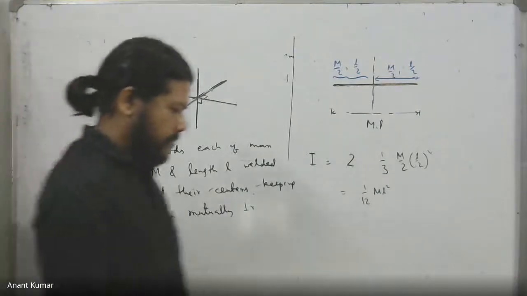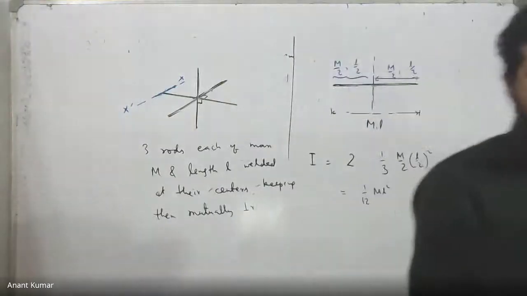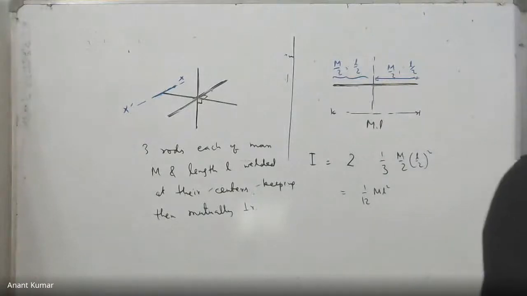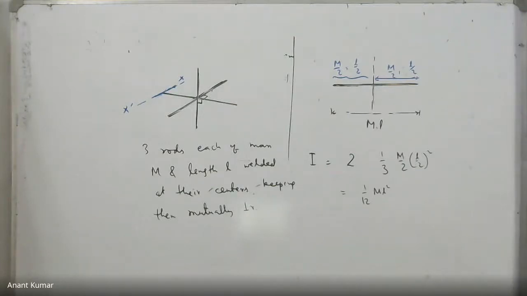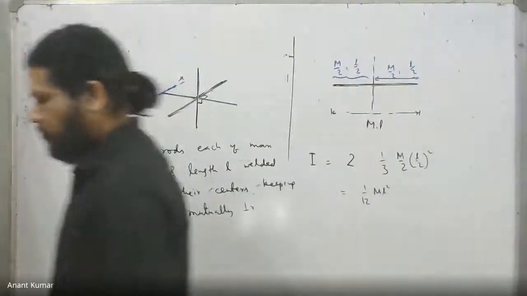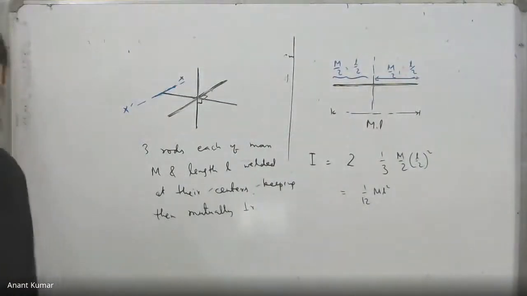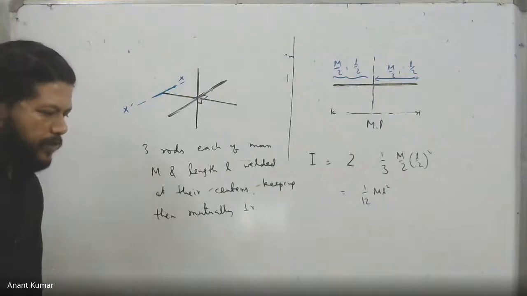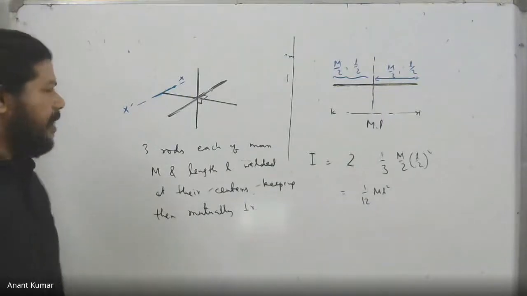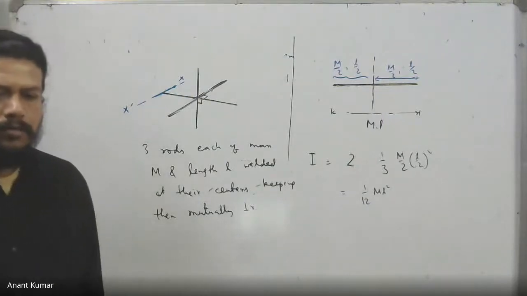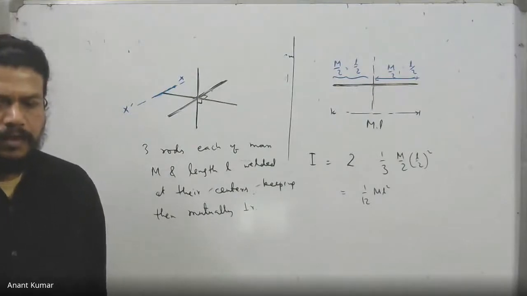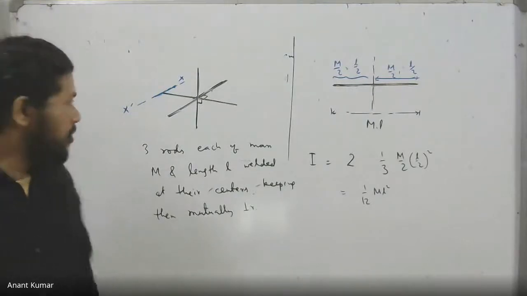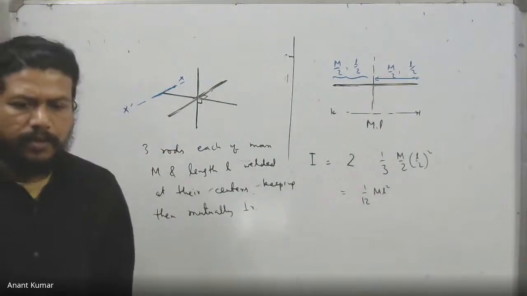Anything else? You can use the fact that moment of inertia is additive in nature. You can add the individual moments of inertia of each of the rods. So find the moment of inertia of each rod about this axis and then add them up.